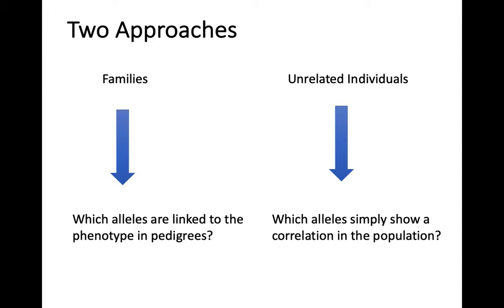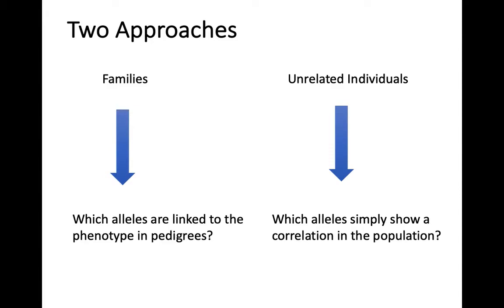Now, that's tricky, however, with complex traits, because one can't easily look at a family and just say, oh, yes, no, yes, no, yes, no. There's not a Mendelian property, because there are not enough individuals within a single family to get a significant amount of resolution.